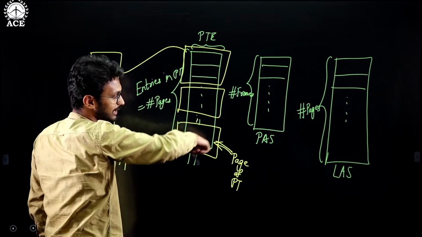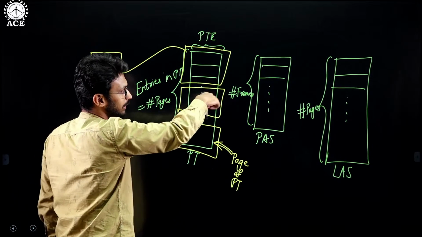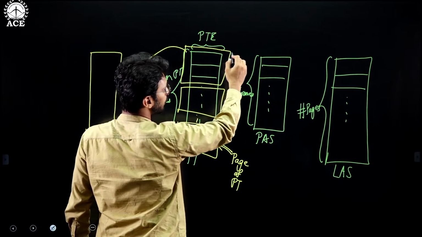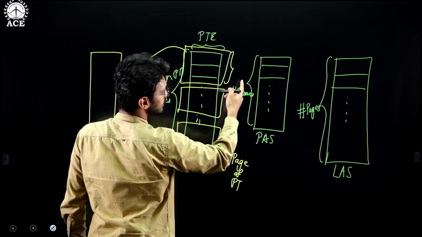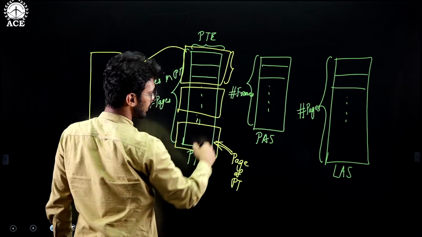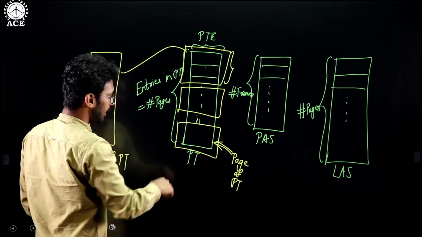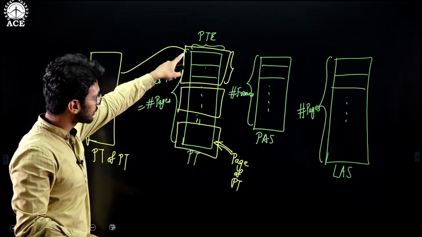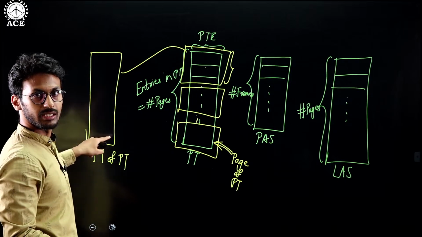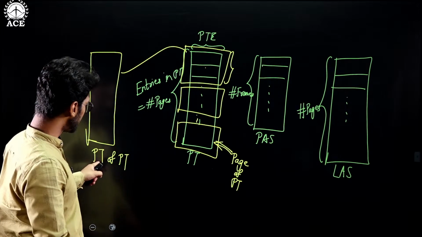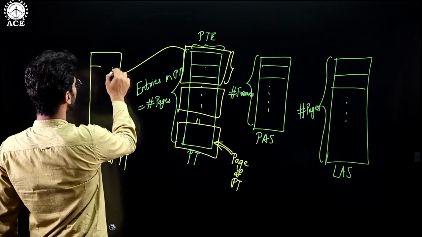This entire thing was the page table. These are pages of the page table, isn't it? Each is equivalent to page size. And based on these pages, their starting addresses are mentioned here in another page table. So what is this? Page table of the page table.